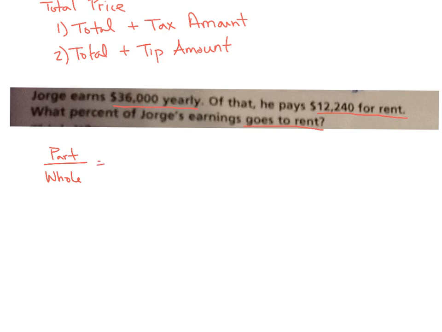So the part is $12,240 over the whole amount, which is $36,000. Then you divide, and you get 0.34, and you change that to a percent by moving it to the right 2 places, and you get 34%.